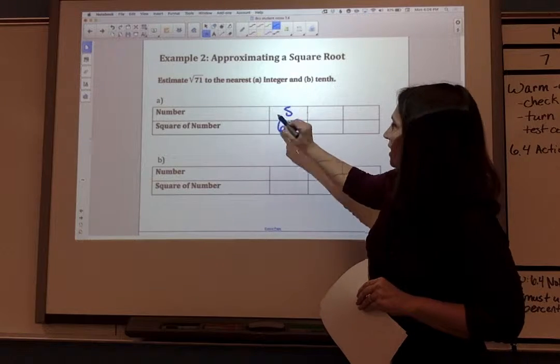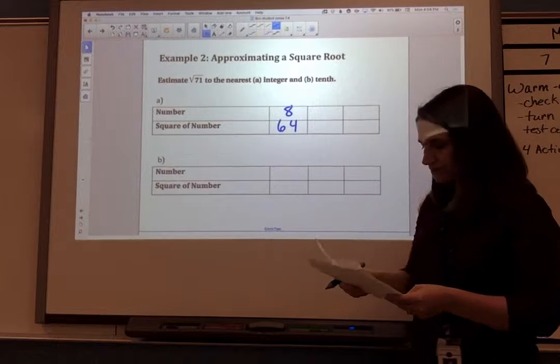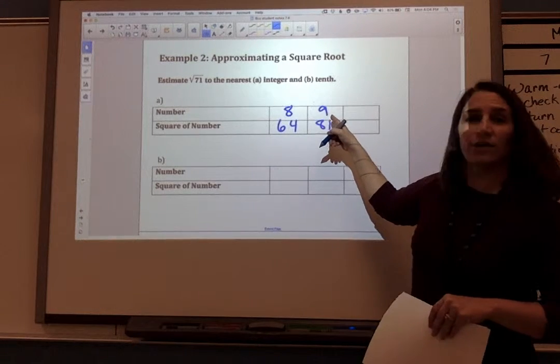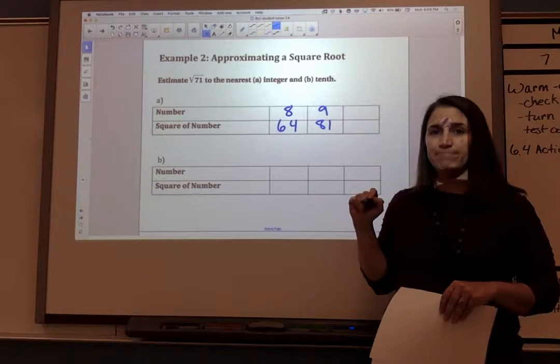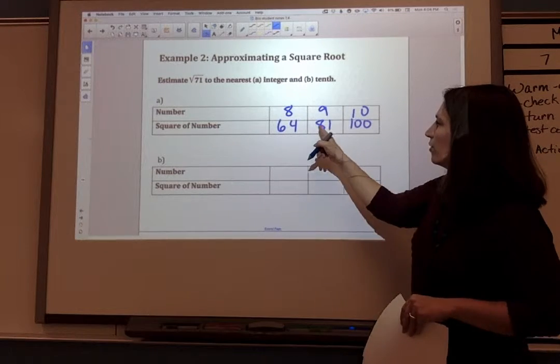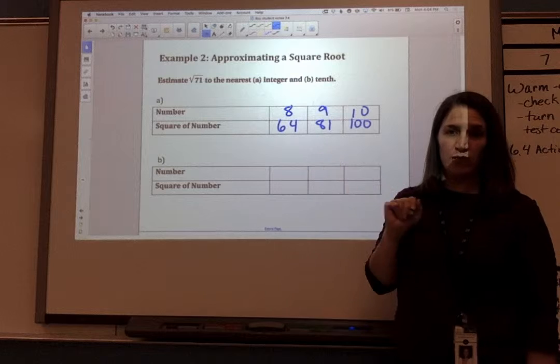Its square root would be 8. So if the number is 8, its square would be 64. And then 9 is our next integer, and 9 squared is 81. So we could do 10 also, but really we only need these two because 71 falls between 64 and 81.